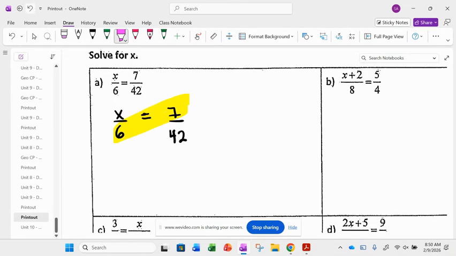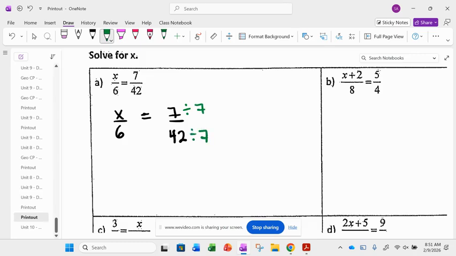But before we cross multiply, what you want to look at is, can I reduce either one of these fractions? So I can't reduce or simplify x over 6, but can I simplify 7 over 42? We can. What number divides evenly into 7 and 42? 7. Good job. So I'm going to divide top and bottom by 7 before I cross multiply.